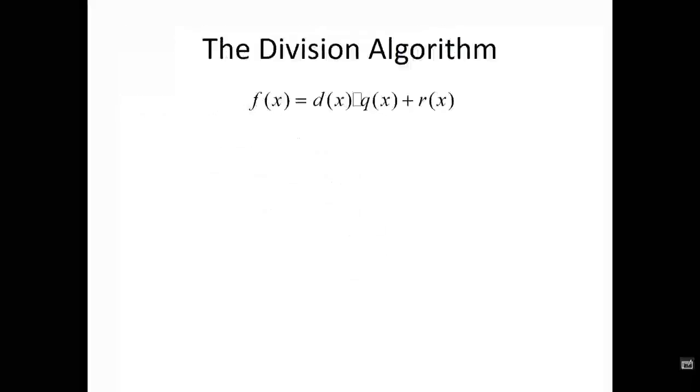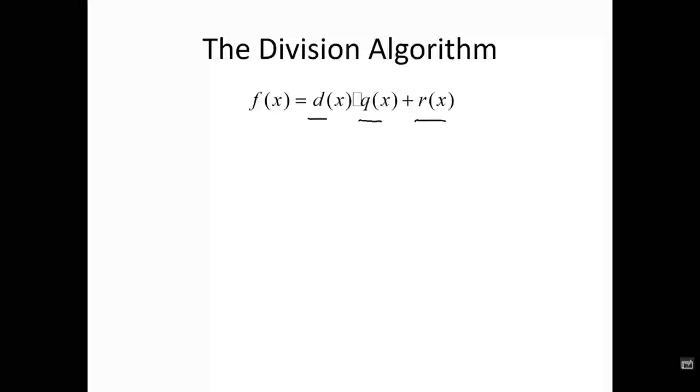Let's now discuss the division algorithm. Polynomial long division is checked by multiplying the divisor by the quotient and then adding the remainder. So this process illustrates what we call the division algorithm.